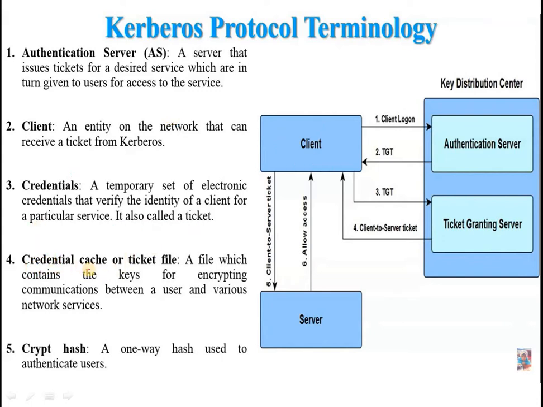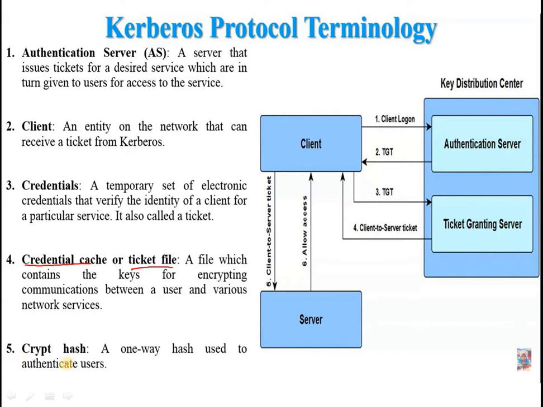Next is the credential cache or ticket file: a file which contains the keys for encrypting communication between the user and various network services. So the ticket file or credential cache is a file which contains all types of keys used for encrypting communication between the user and various network services.